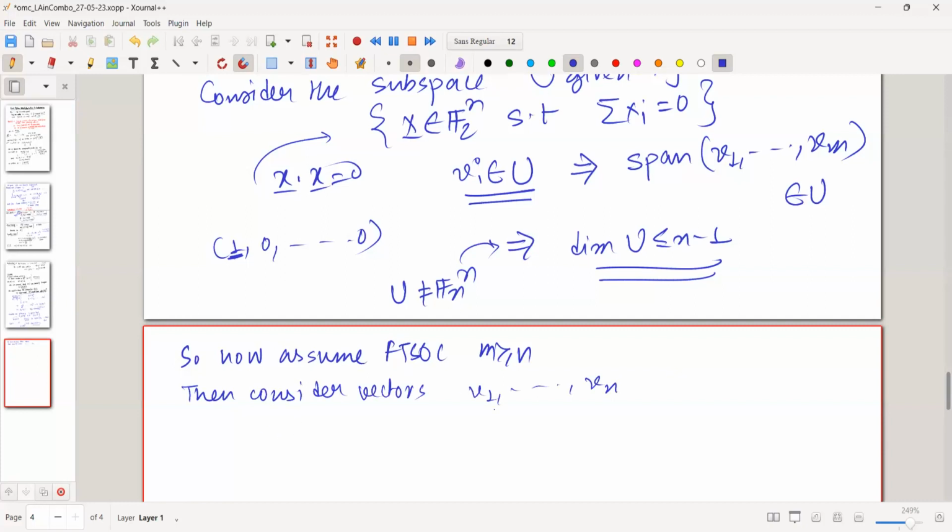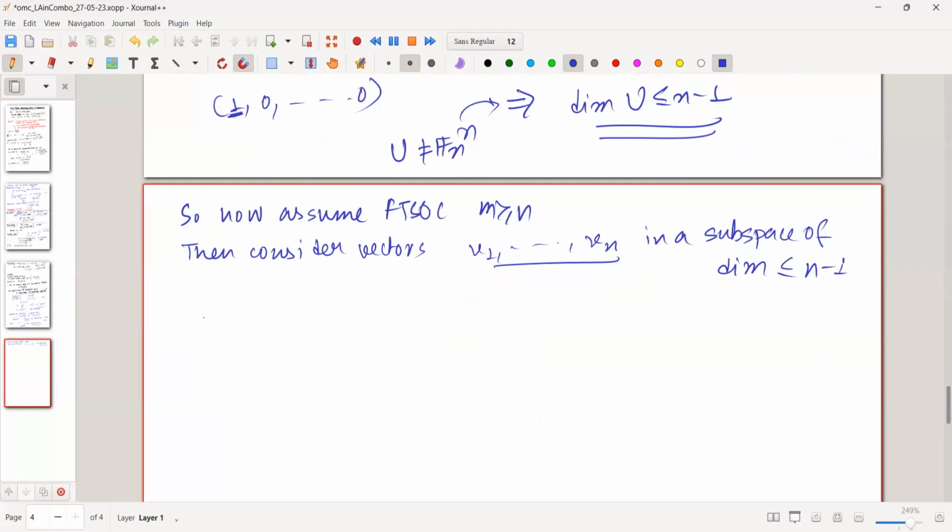These are n vectors in a subspace of dimension at most n minus 1, so they are linearly dependent. This means there exist lambda i's such that the summation of lambda i Vi equals 0. But now again we dot it with Vi. So let's say I dot it with Vj.